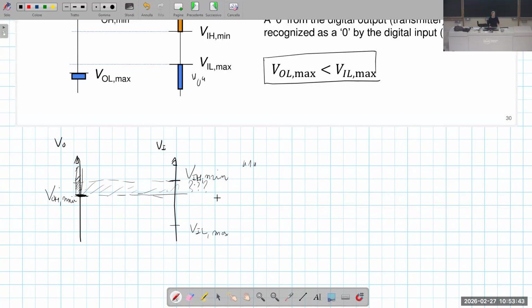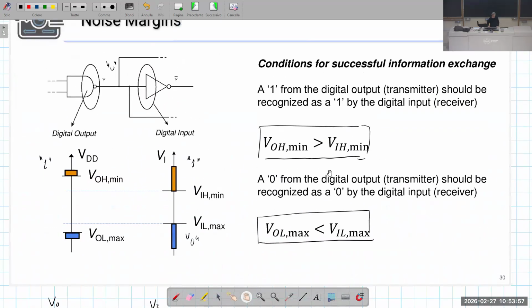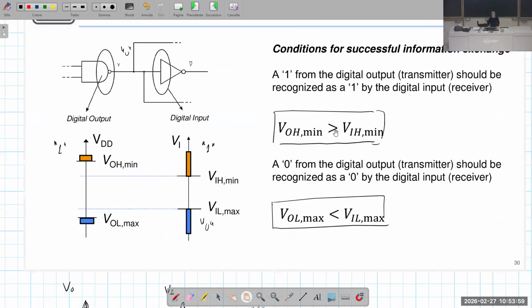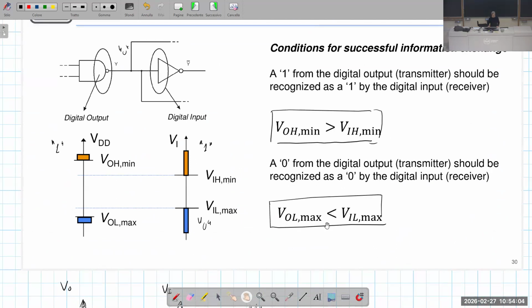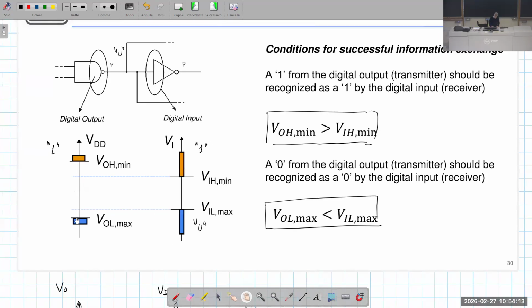It is absolutely not predictable and not reliable. So in this case we do not have a successful exchange of logical information. This is the reason why we have to enforce at the high level VOH minimum larger than VIH minimum, and VOL maximum smaller than VIL maximum. Is that clear? If this is smaller and this is higher, this is a problem.